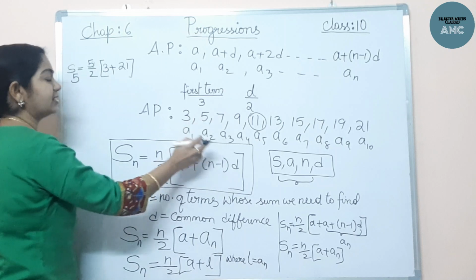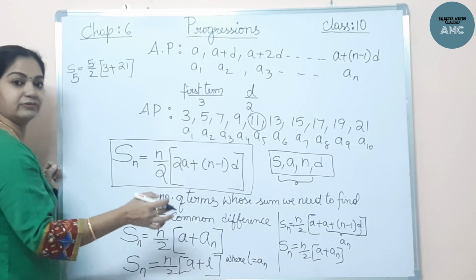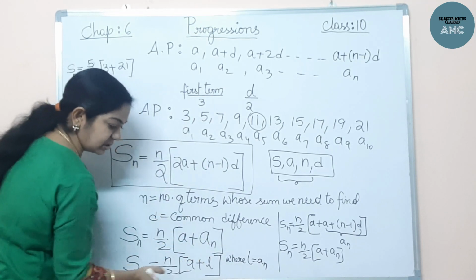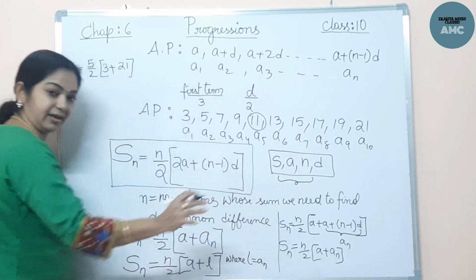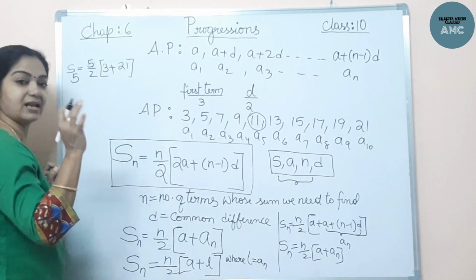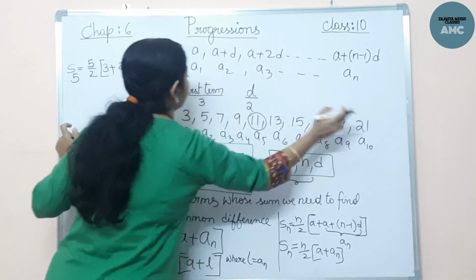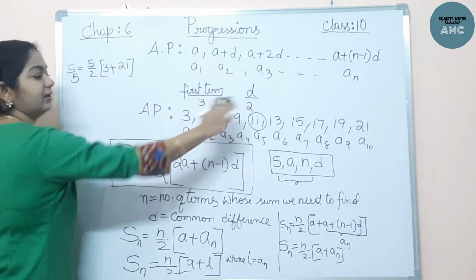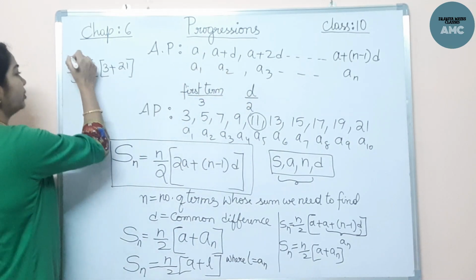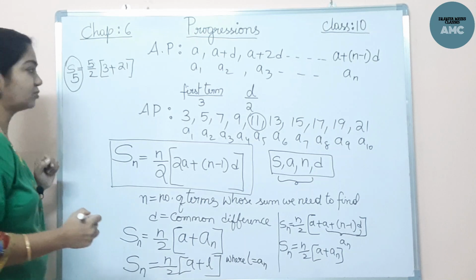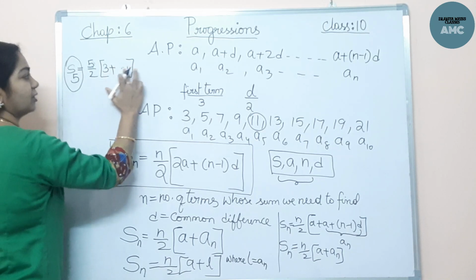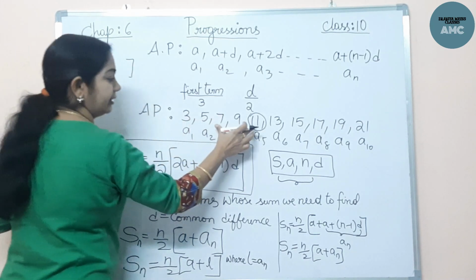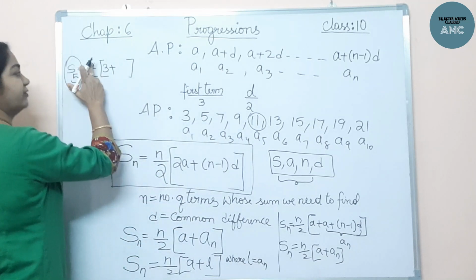If you write L as last term and you are using this formula, write where L is An. If you write L as last term, you get confused and write 21. But here we are adding all 10 terms, and I want only 5 terms. So I should not write that. If I write nth term, here n is already the fifth one.